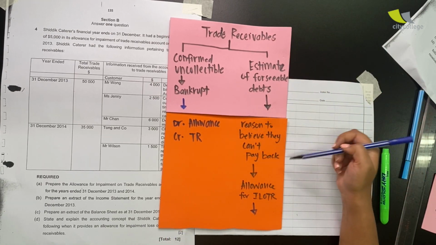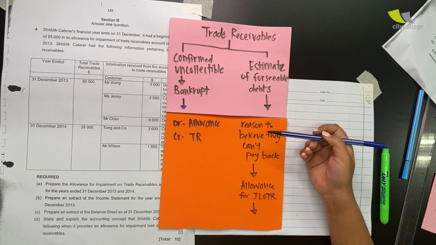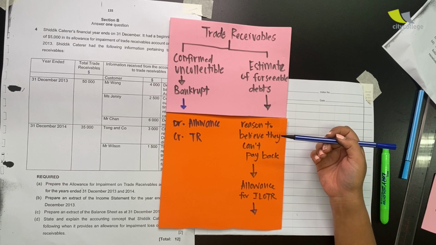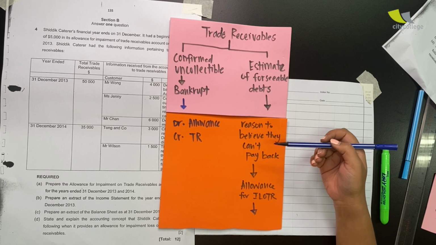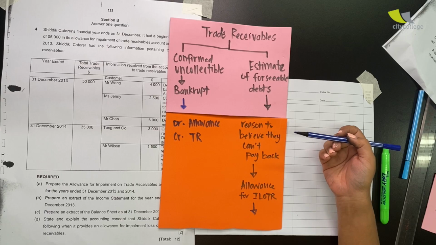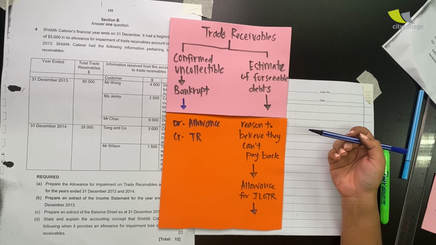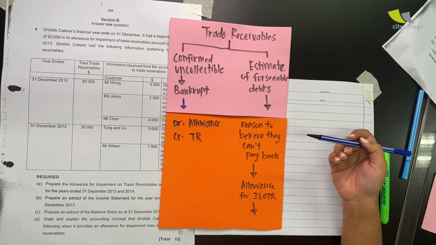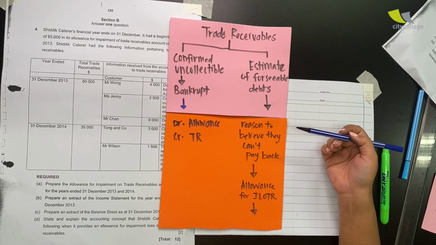Okay, so what are some reasons to believe that the debts cannot pay us back? When we call them and they refuse to answer our calls. When we go to their office premises and chase them for money, they shut the door on us. Those are some good reasons to believe they can't pay us back.